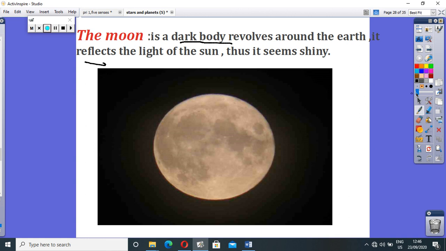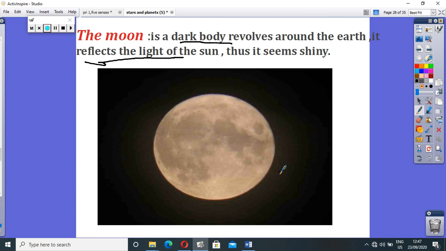So the mirror is like the moon. The moon isn't shiny, but it seems shiny. Why? Because the moon reflects the light of the sun, such as a mirror. The moon reflects, or returns back, the light of the sun.